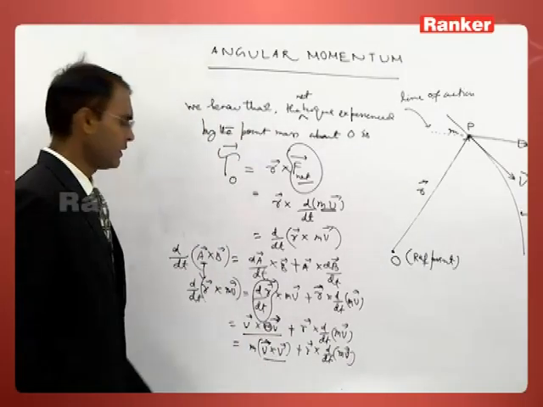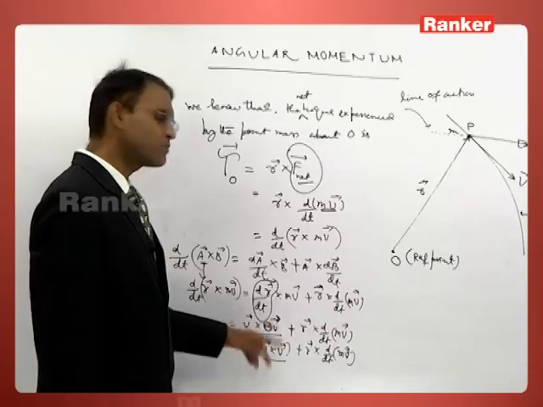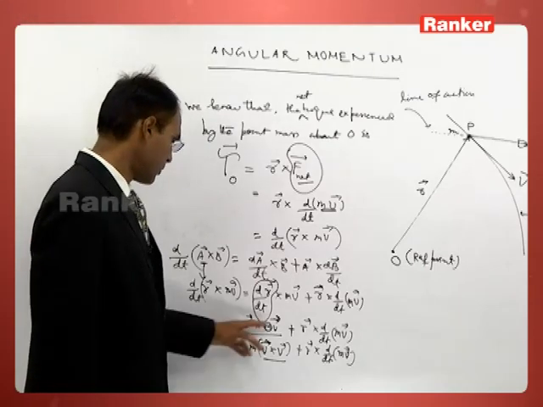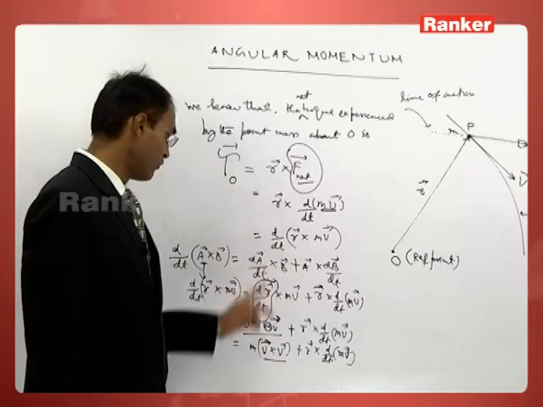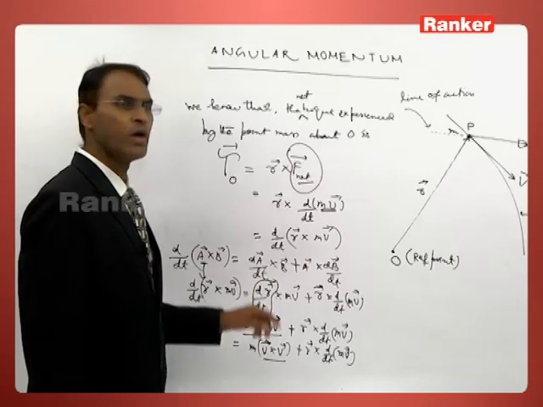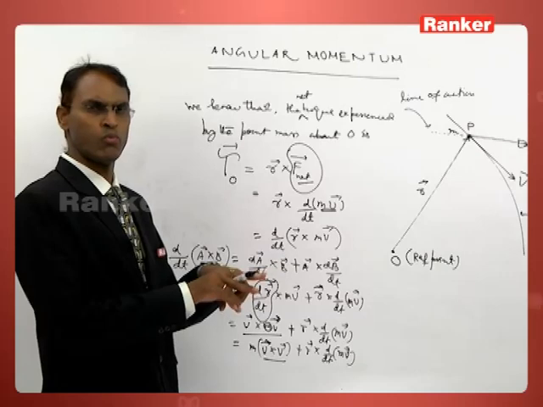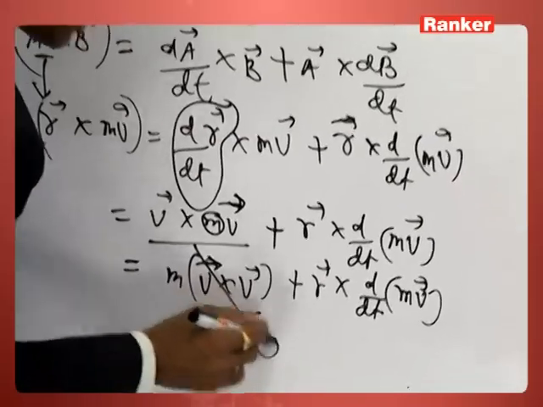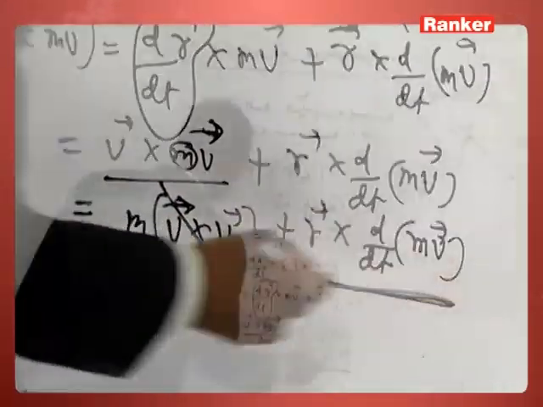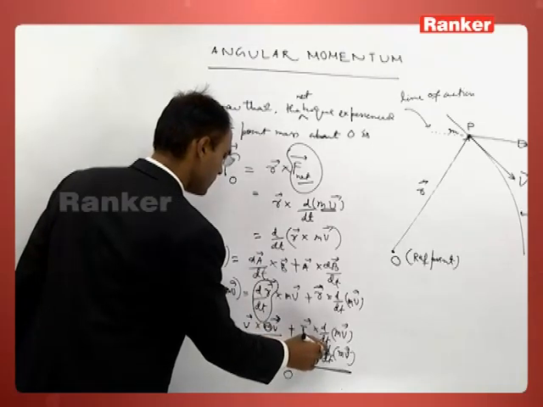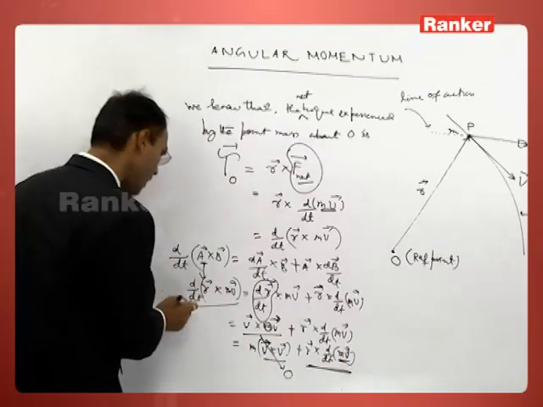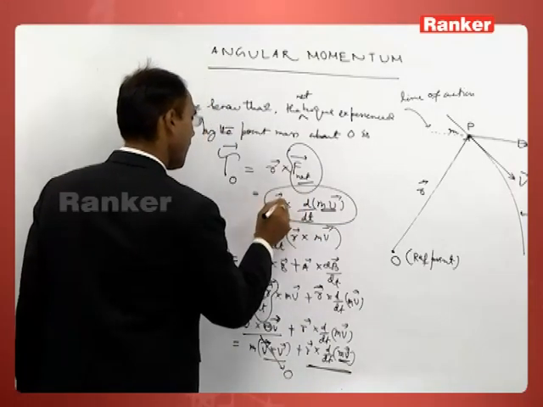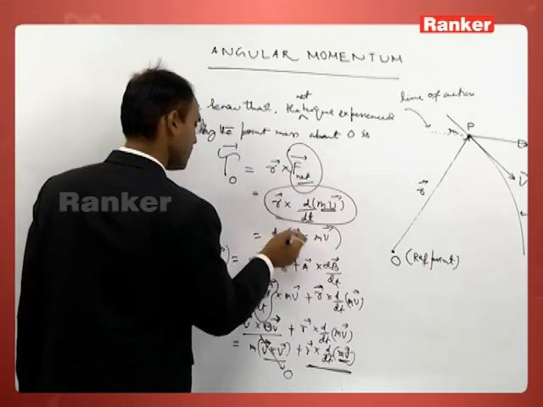We know that any vector cross multiplied with an equal vector will be 0, because V cross V is equal to the magnitude of V into the magnitude of V into the sine of the angle between these two equal vectors. The angle between two equal vectors is 0 degrees, therefore this term will vanish and we are left with this term. So R cross the time derivative of mv is equal to the time derivative of R cross mv.